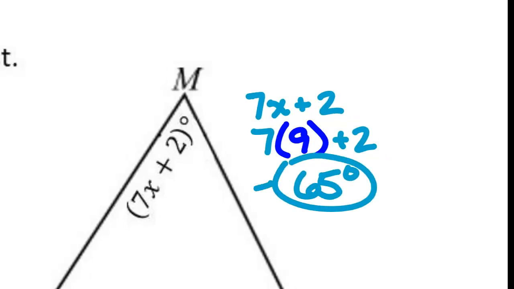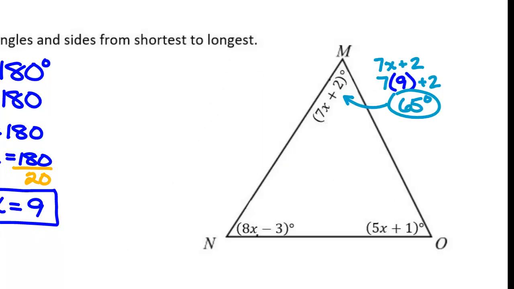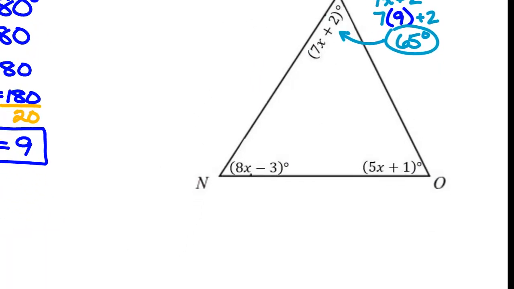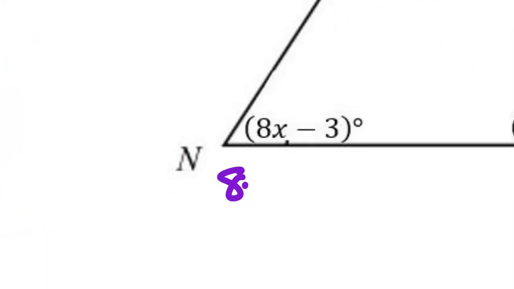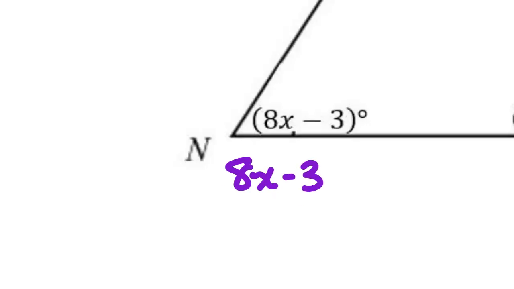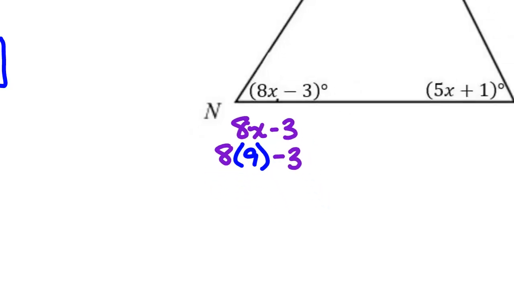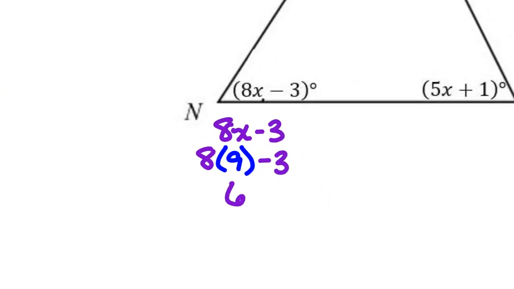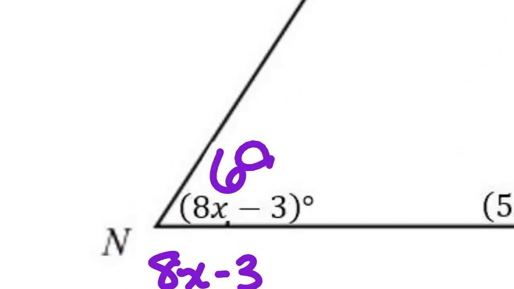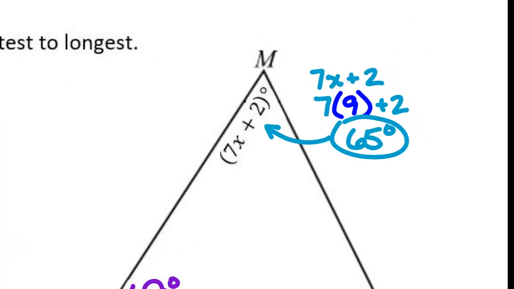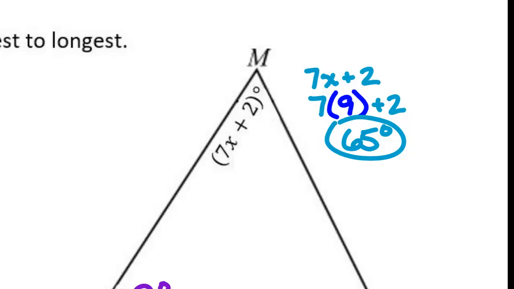So 65 degrees for angle M. Angle N, 8x minus 3, so we do 8 times 9 minus 3, and that gives us 69. So this is 69 degrees. I think I'm going to write angle M in instead of just drawing an arrow.